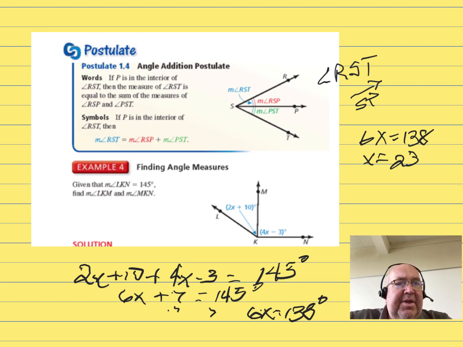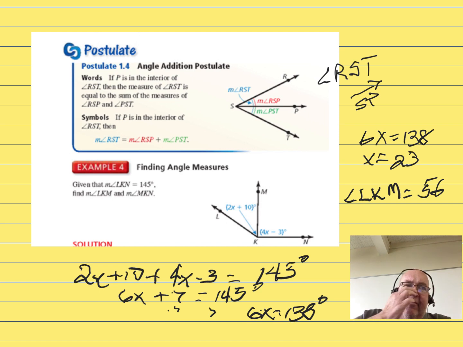We go 2 times 23 plus 10, which is 56. So angle LKM is equal to 56 degrees. 4 times 23 is going to be 92, minus 3 is 89.